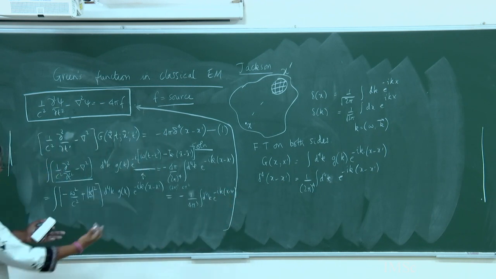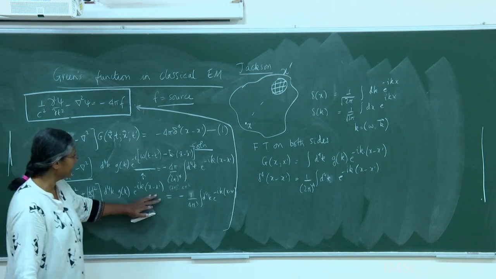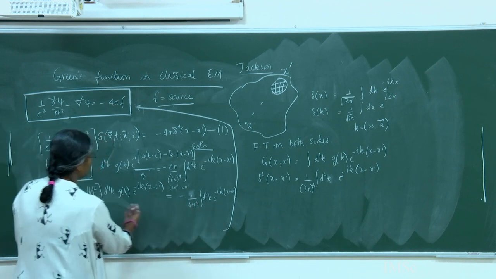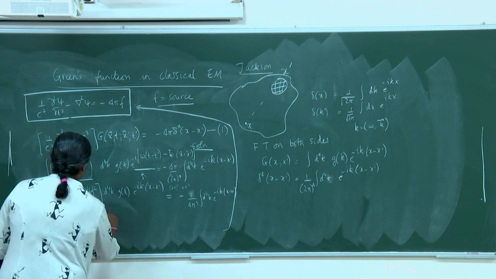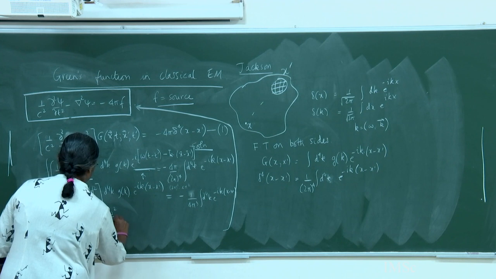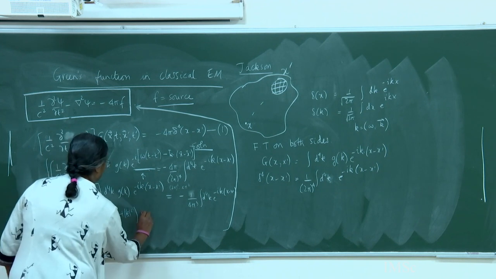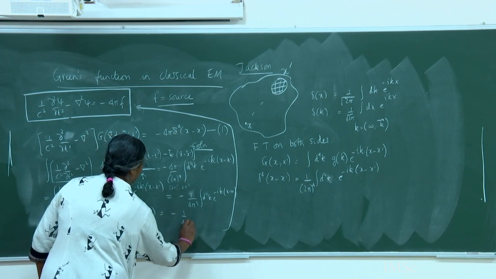Now you can see that this is now a function of only k. This is only the x dependence. So on both sides I can find the coefficients and match the arguments of this integration. So I can equate the integrands. Is this clear? Which means that (minus omega squared by c squared plus k squared) g of k is equal to minus 1 by 4 pi cubed.